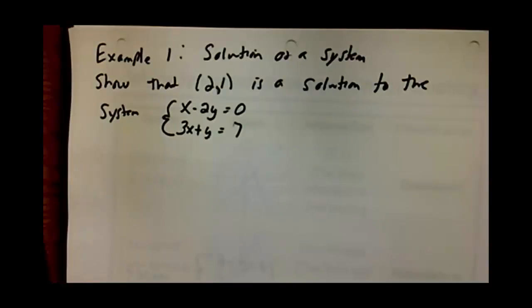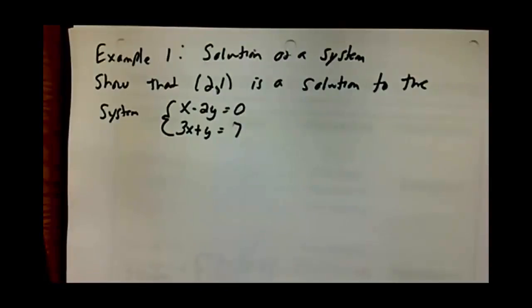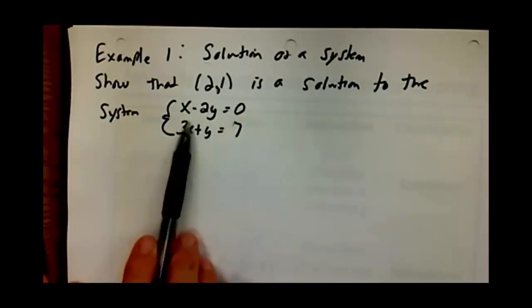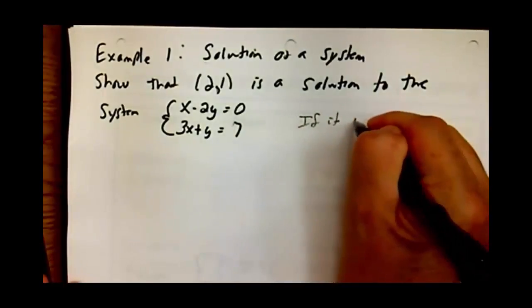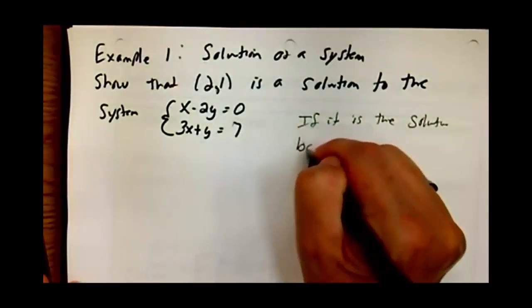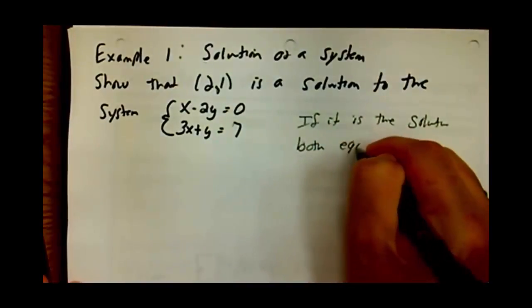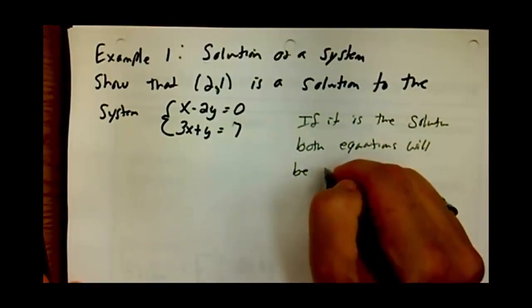Basically all you need to say is the solution (2, 1) to the system if you want to abbreviate it, and come up with what your values would be. If it is a solution, it will make each one of these statements true. So if it is the solution, both equations will be true.